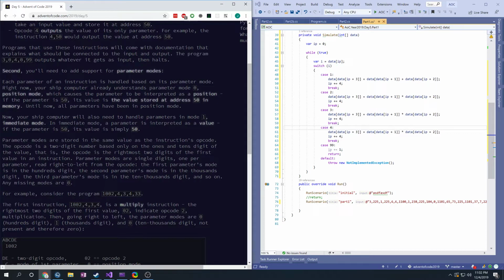Multiply instruction, opcode 2. Okay, so we mod by 100, not mod 2.